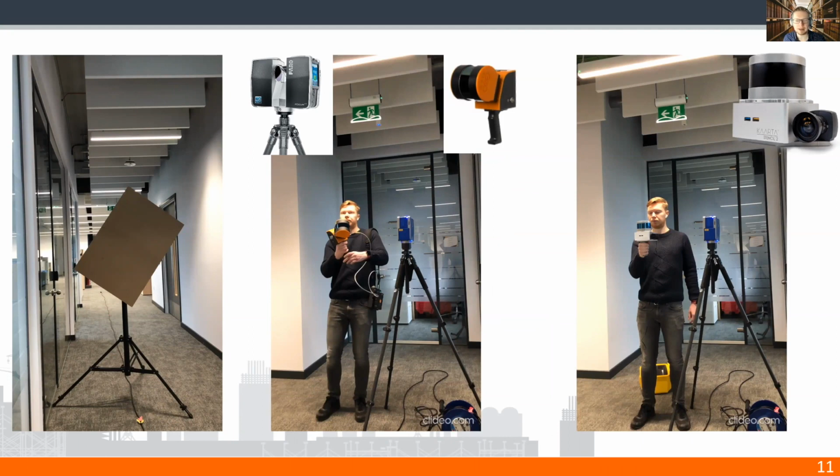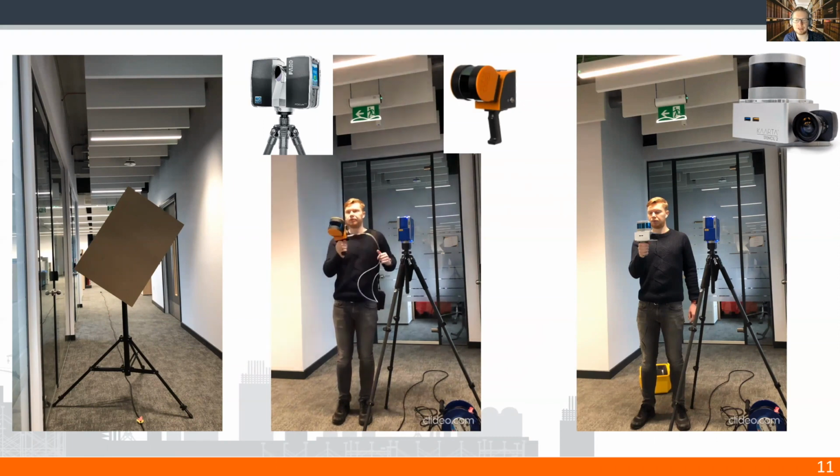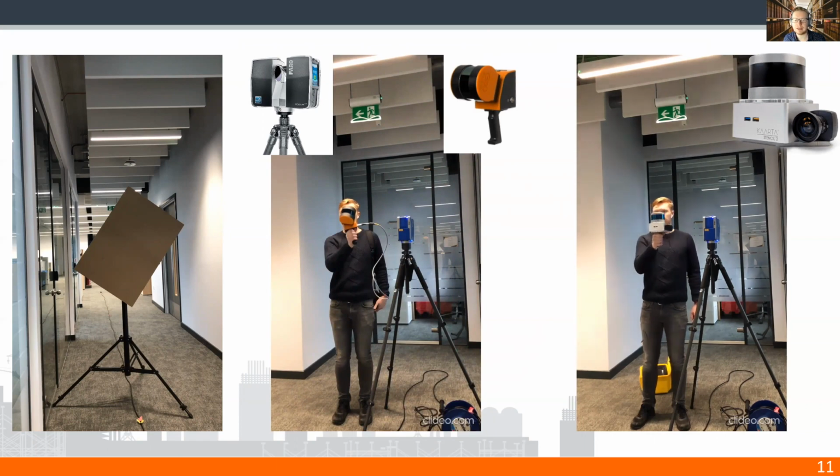I scanned the target with the static Faro scanner, then with a mobile GeoSLAM ZEB Horizon scanner, and then with the Carta Stencil 2 scanner.